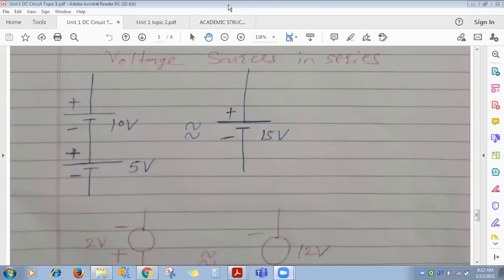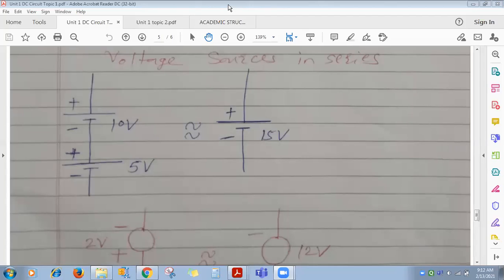Okay. So see here, in the previous lecture we have seen for series connected resistances the voltage division rule you can apply. For parallel connected resistances the current division rule you can apply.